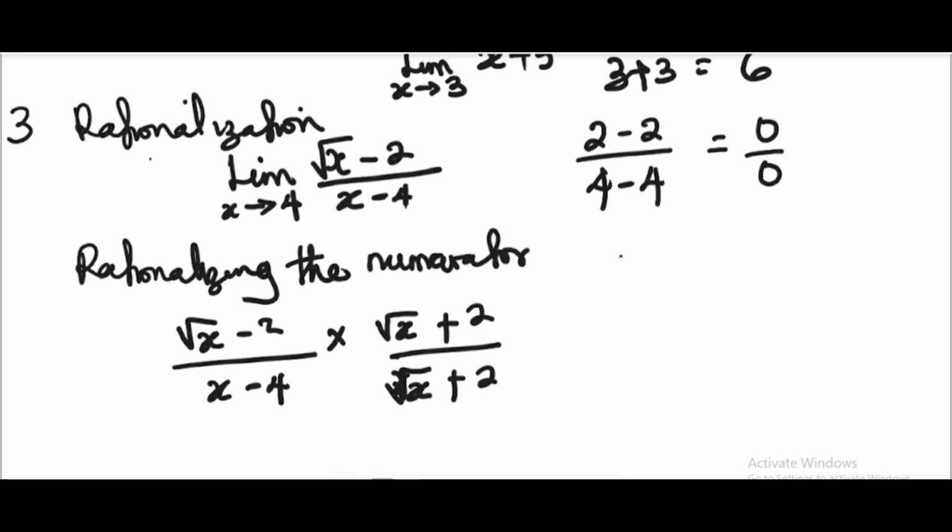Okay, so when we multiply this, root x times root x will end up giving us x. Minus times plus is minus. 2 times 2, 4. You see why I didn't bother multiplying root x times 2 and then minus 2 times root x? Because it will give me 0, right? I will end up having 2 root x minus 2 root x.